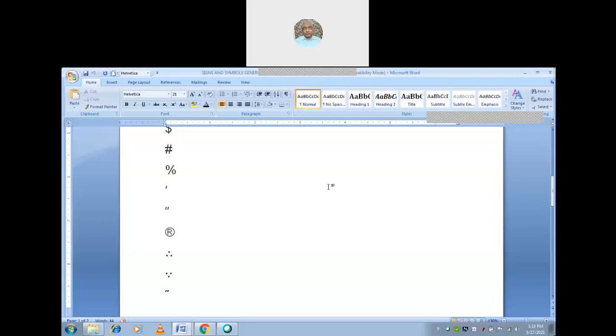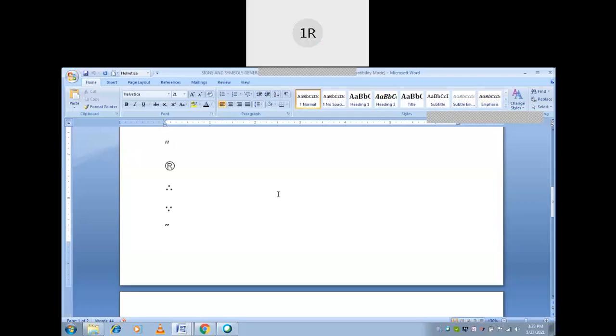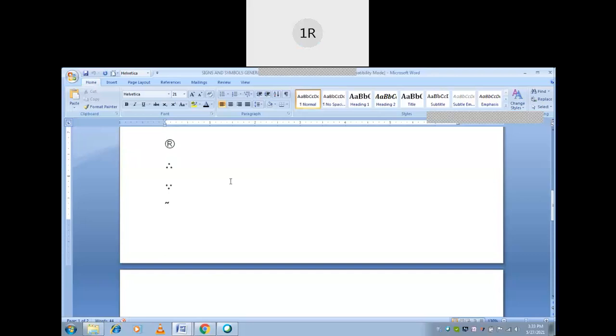Then the double prime shows inches. Next, registered trademark. Not trademark, registered, that is the sign or symbol.